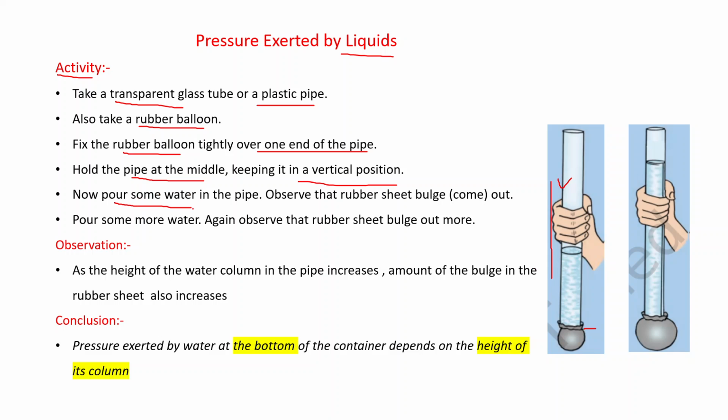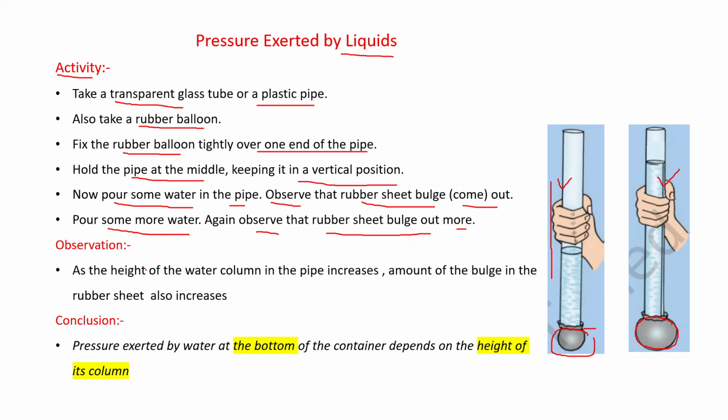Now pour some water in the pipe. Observe that the rubber sheet bulges, that is, this part will come out. Pour some more water. Again observe that the rubber sheet bulges out more. You can see as we add more water in this pipe, the amount of bulge will increase.